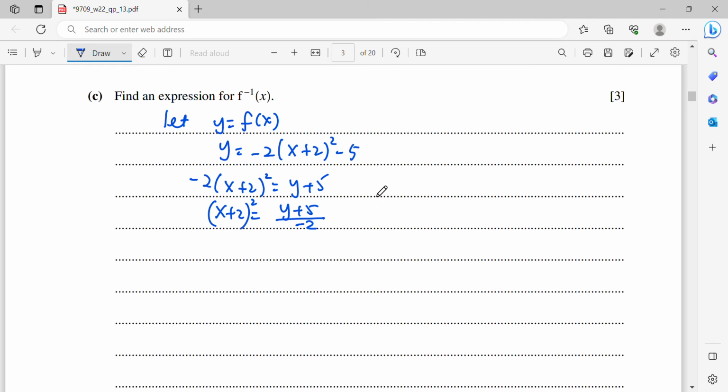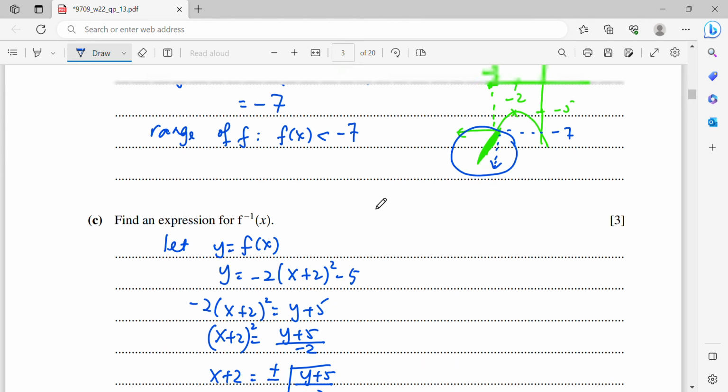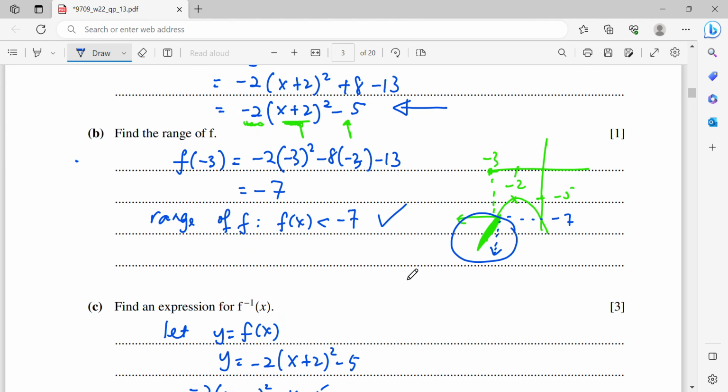Then now, move the square to the other side. So x plus 2 will be plus minus square root of y plus 5 over minus 2. Then my x is going to be, by moving the plus 2 to the right hand side, minus 2. But now, you cannot write plus minus, because if plus minus, then the inverse function does not exist. Okay, so you have to choose whether it's plus or minus. But by looking at the range here, we know that your function is always negative.